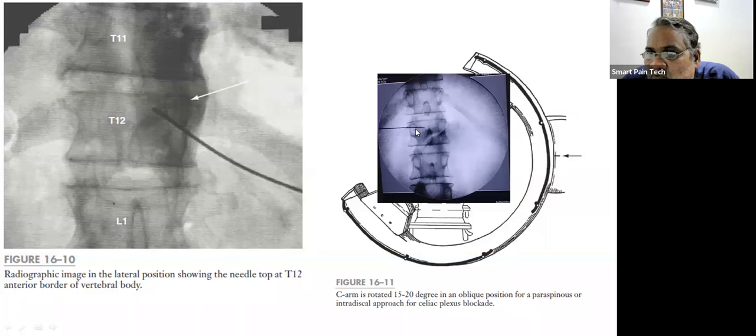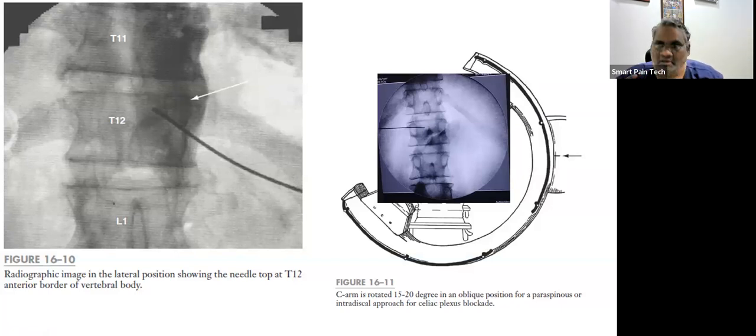This is the medial plate. This is the lateral plate of the pedicle. I think you might have encountered this terminology: medial plate and lateral plate of the pedicle. So you have to cross the medial plate, but not cross the spinous process. Got it? In an AP view, that should be the end point.